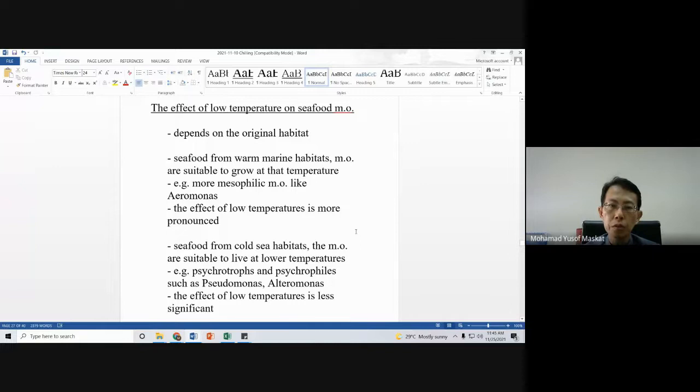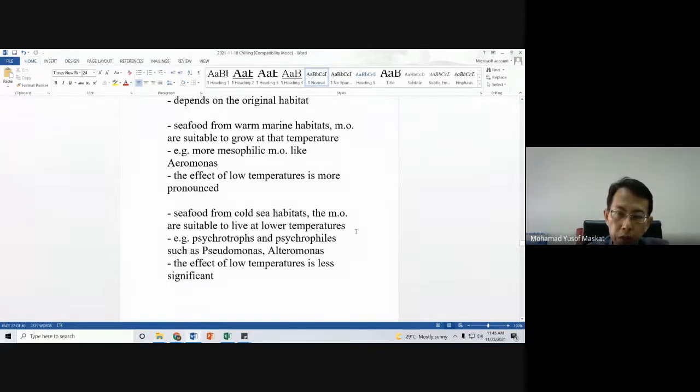Because mesophilic microorganisms are more adapted to living at warm temperature, when we apply low temperature, they cannot adapt. So the effect of low temperature is more pronounced, more significant, for microorganisms in seafood that lives in warm environments.